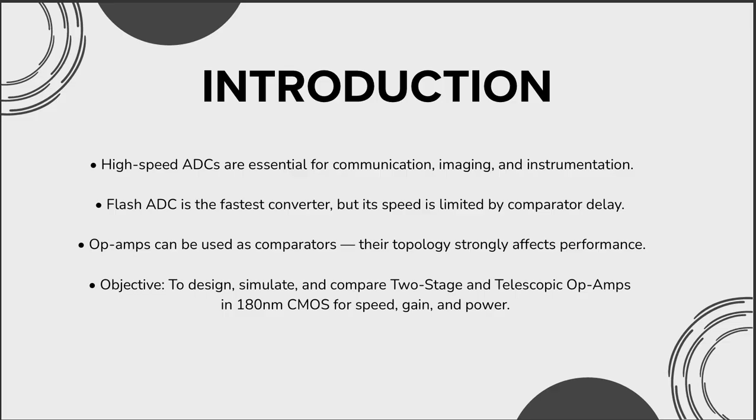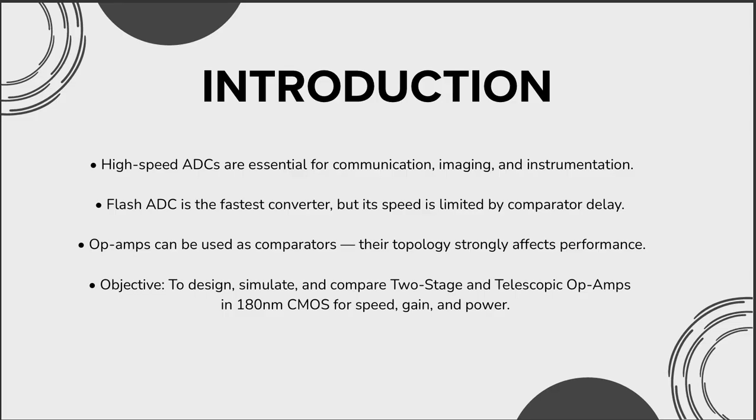But this speed is limited by one key block, the comparator. In many designs, instead of using dynamic comparators, high gain operational amplifiers in open loop mode are used as comparators. But the performance of these amplifiers depends heavily on the topology used.